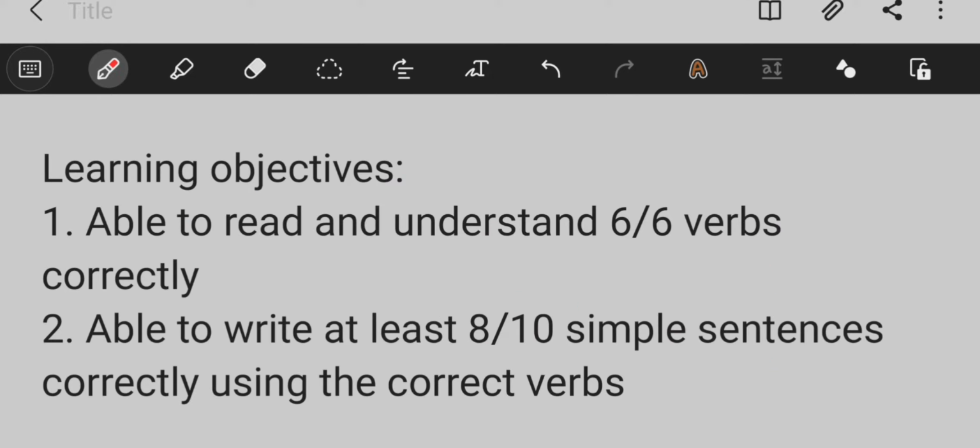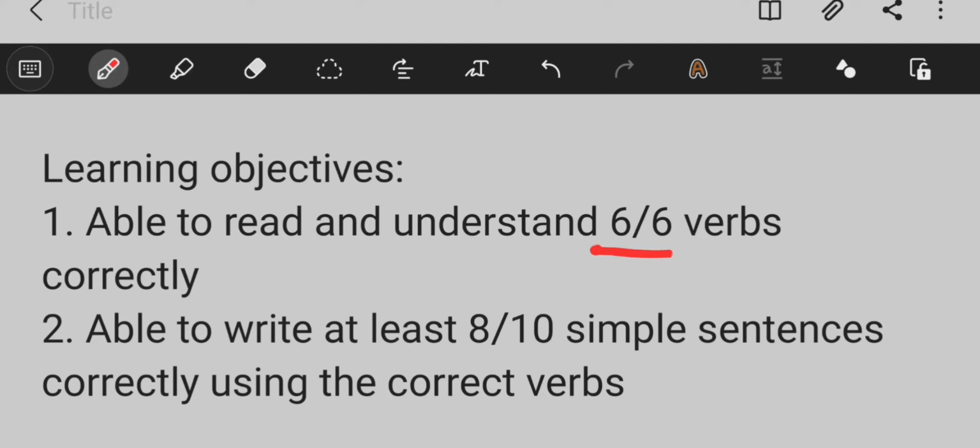First things first, before we proceed, I'd like to establish our learning objectives of the day. Number 1, by the end of this lesson, you should be able to read and understand 6 out of 6 verbs correctly. Not much, just 6. If you can add in on your own later, that will be really good.